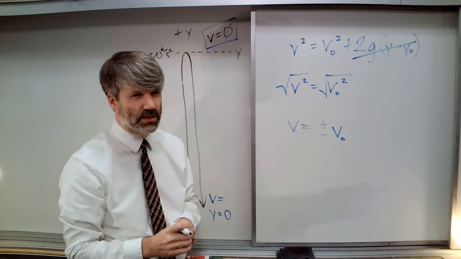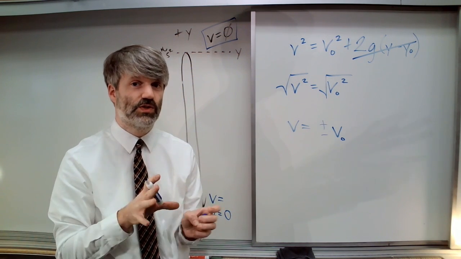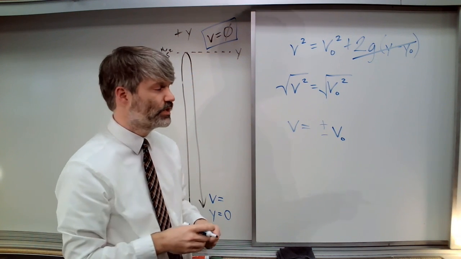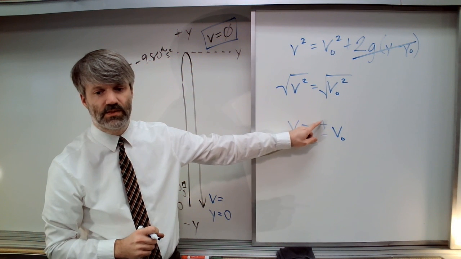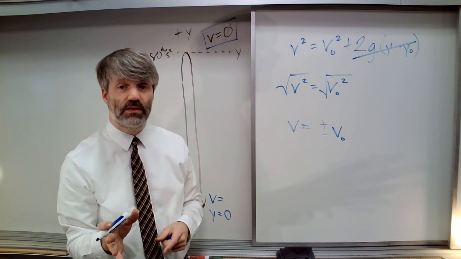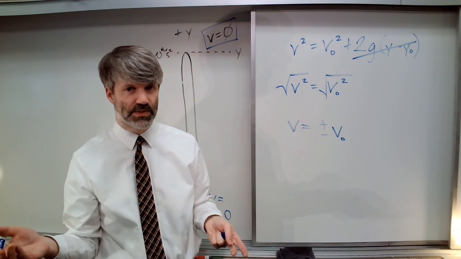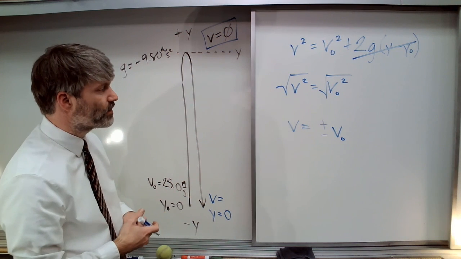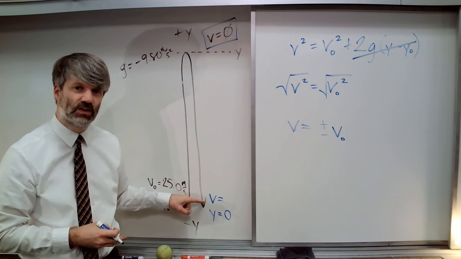Now, here's where you have to understand the physics to interpret the math. Only one of these values makes sense. It's either the positive value or the negative value. Now the math tells us it could be either of those. The square root of any number is a positive and its opposite. But only one of those makes sense in this context.